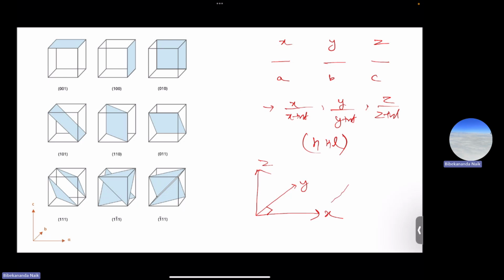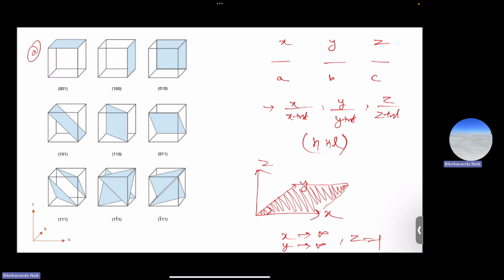If you extend this, this is the plane that is displayed in this figure, and its intercept on z is 1. So the x-intercept is infinity because it is parallel to the x-axis, the y-intercept is also infinity, and z is 1.